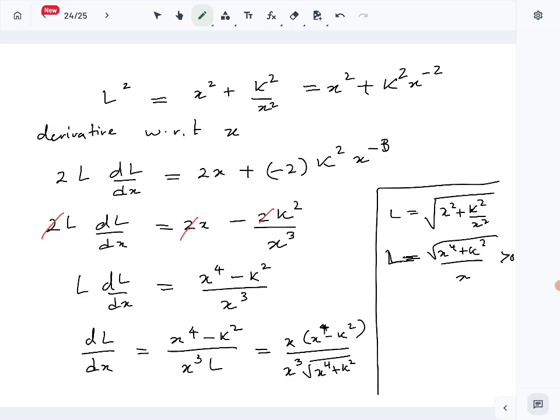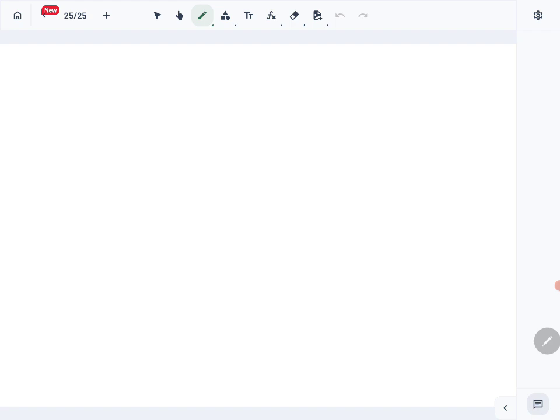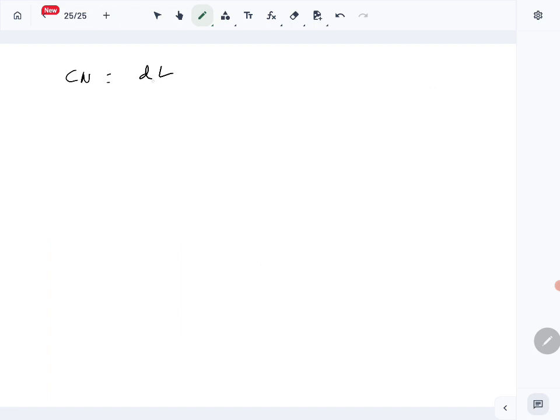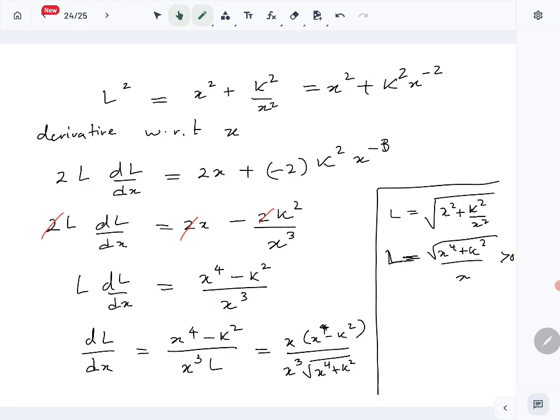So now we have an expression for the derivative dL over dx. So then let's find the critical numbers of that. So equal this to 0. Only way it can be equal to 0 is if the numerator is equal to 0.